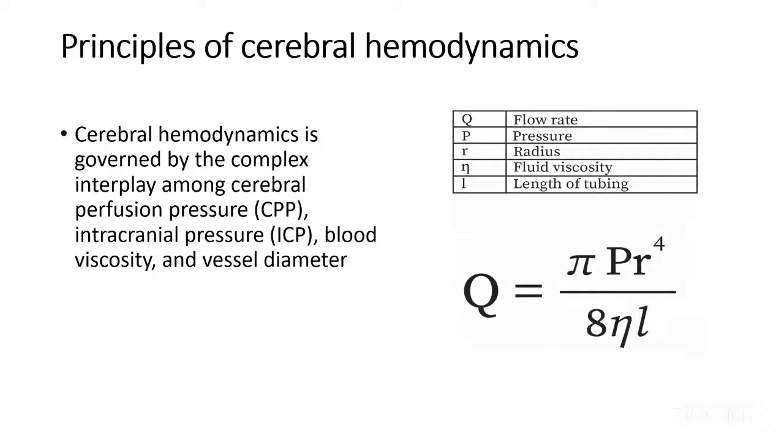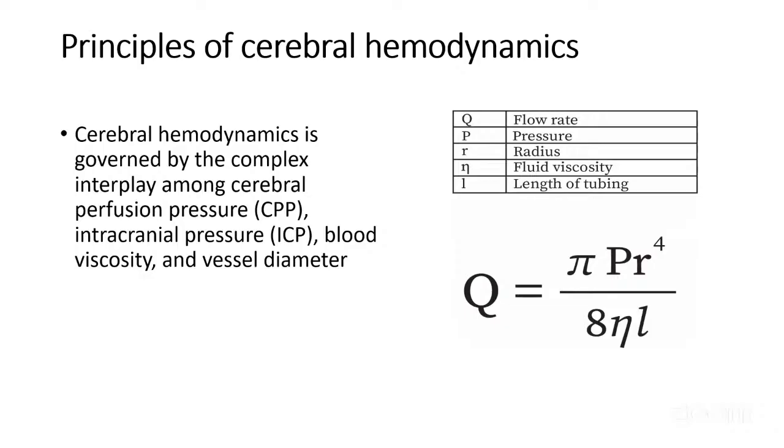Now, what is the basic principle of cerebral hemodynamics? From basic physics, we know that current flow depends on voltage divided by resistance. Here, flow is Q. For human physiological purposes, it is the cerebral blood flow that is equal to cerebral perfusion pressure divided by cerebrovascular resistance.